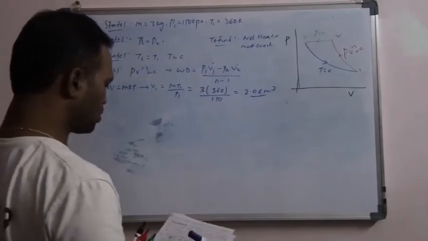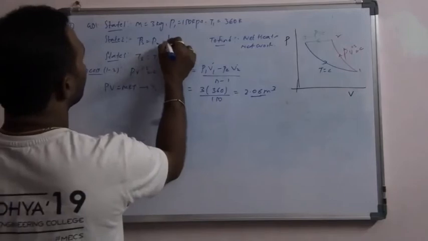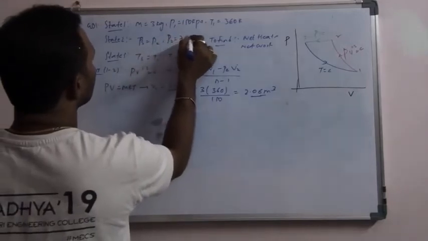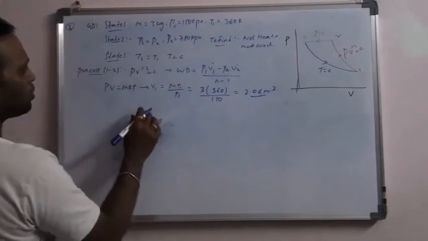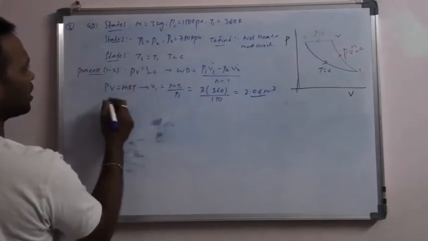At state 2, P2 is given as 750 kPa. P2 is given. Okay, so now that P2 is given, we know the relation to calculate V2.